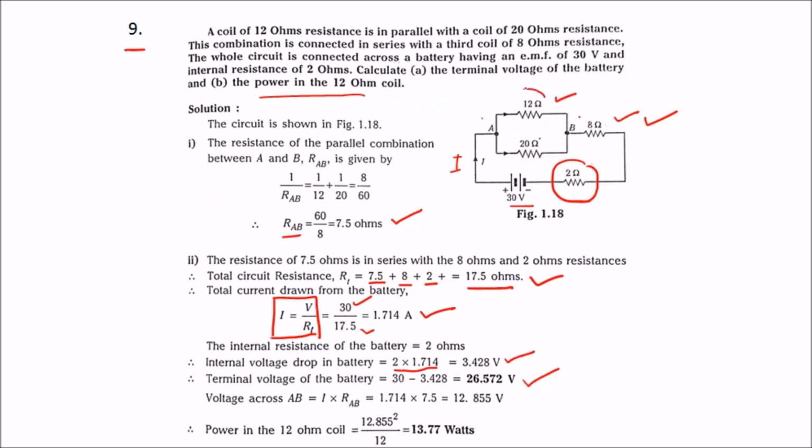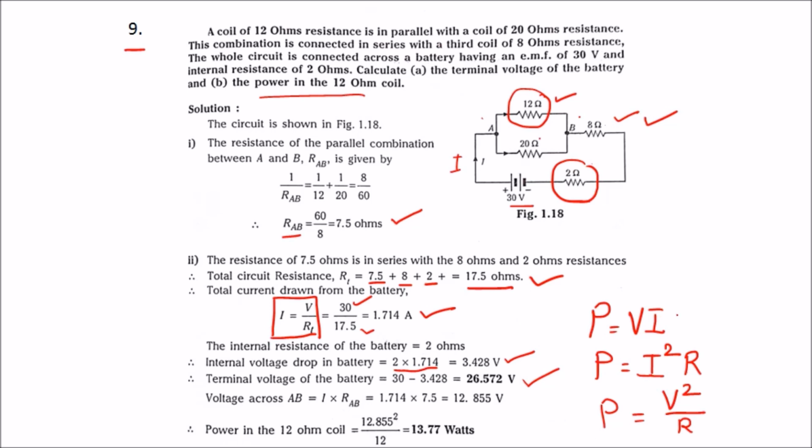Then the second point, that is the power in the 12 ohm coil. So this is the 12 ohm coil, and we need to find the power. Power is nothing but V into I. The power formula can be written as V into I, or I square R, or V square divided by R. So these are the three formulas.